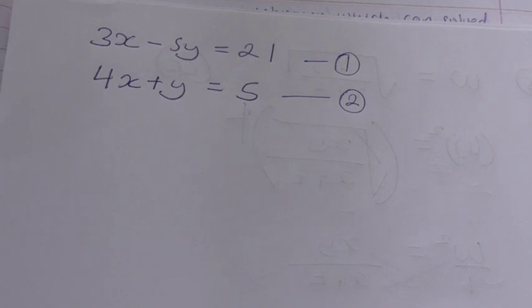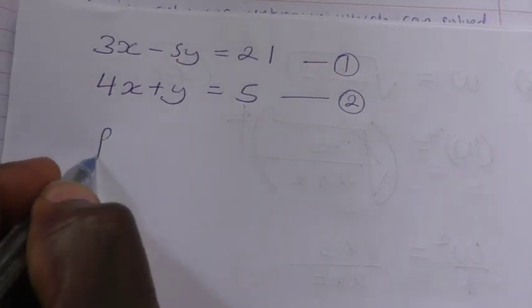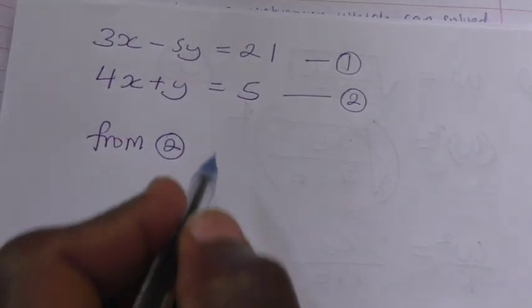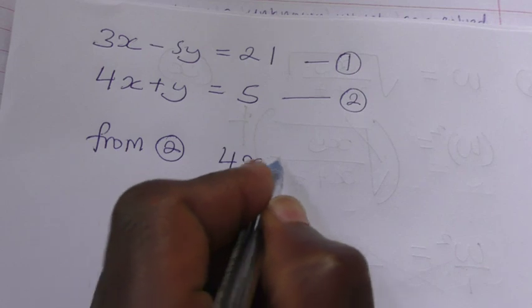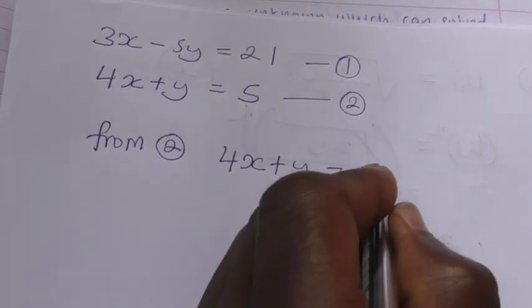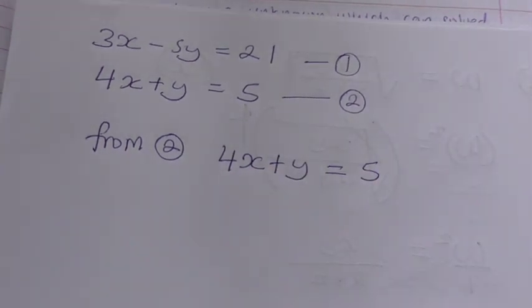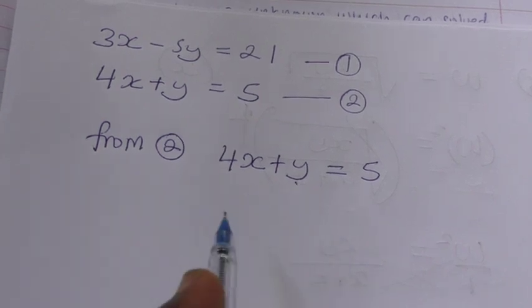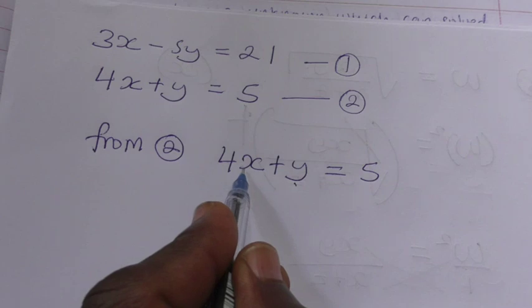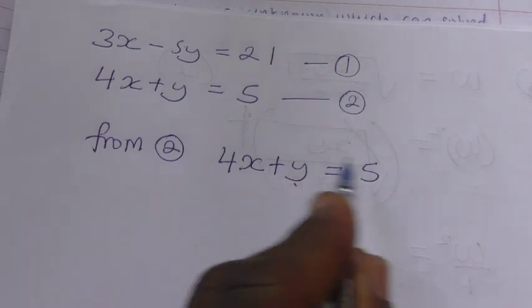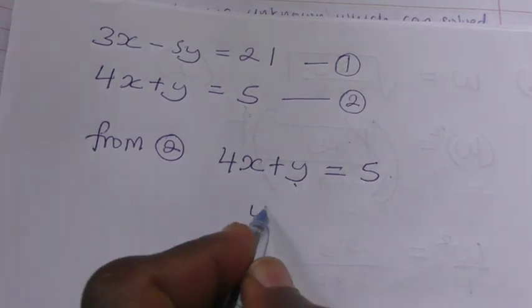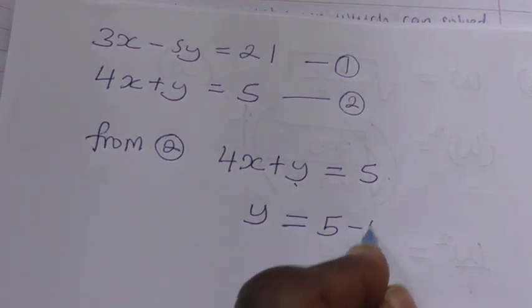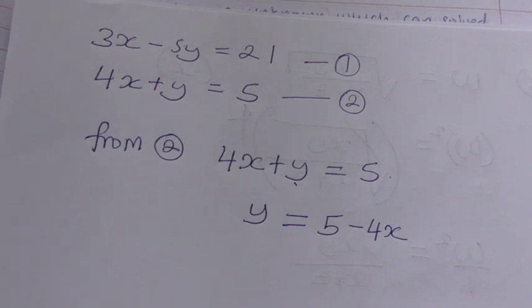I will choose equation 2. From equation 2, which says 4x plus y equals 5, I will choose to make y the subject. So I take 4x to the other side, leaving me with y equals 5 minus 4x.